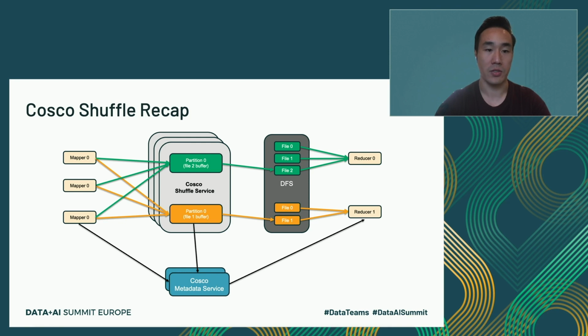Therefore, each reducer is only required to read from those files dedicated to a particular partition. Also, data could be duplicated for various reasons, and deduplication is performed on the reducer side. Other than the components I just mentioned, there's also a dedicated metadata service for metadata registration of shuffle files, which would be retrieved by reducers later.